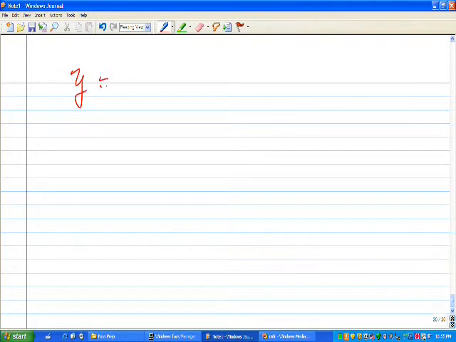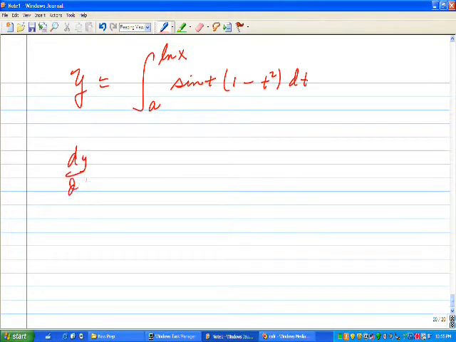Now let's do another one in which we have y equal to the integral from a to, let's say, ln of x, and the function we're integrating is, for instance, sine of t times 1 minus t squared dt. dy dx is equal to, you take what's up here, it's not plain old x, but you take it and you put it everywhere you see a t.